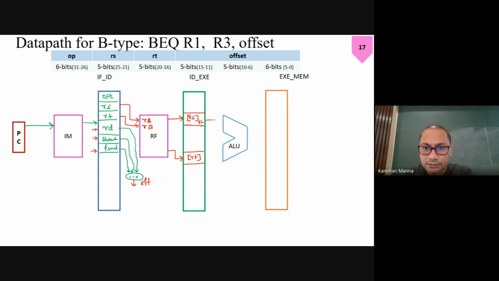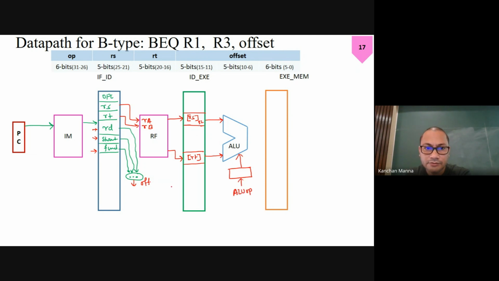And then we'll perform the operation, and then the ALU control, so ALU op.